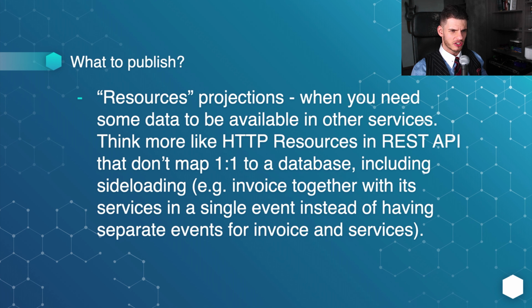This gets especially interesting if you publish this kind of resources as if you were also doing side loading via an HTTP API, so basically including relationships in the payload. For example, you can publish an invoice together with invoice services in a single event, even if these are separate database records, although related ones, which kind of makes it closer to something like a MongoDB document.